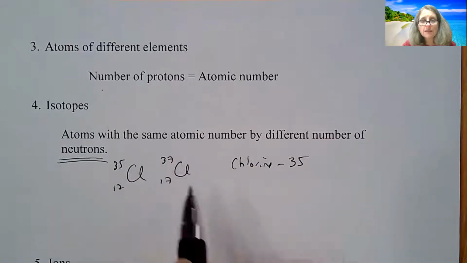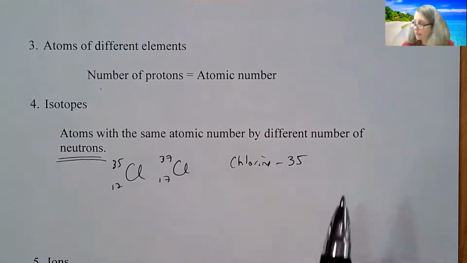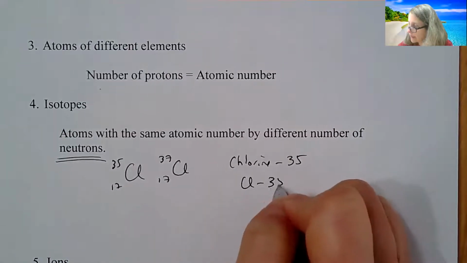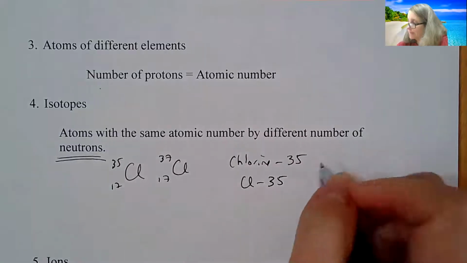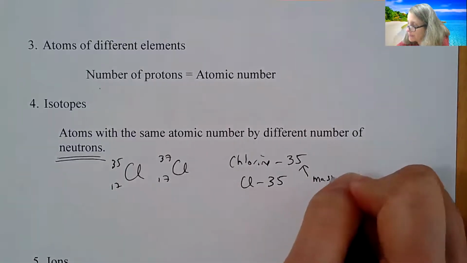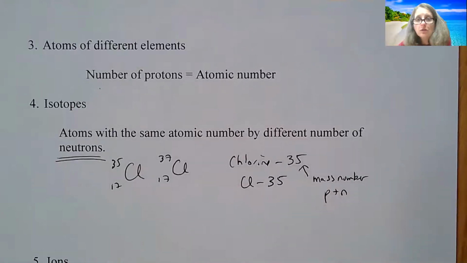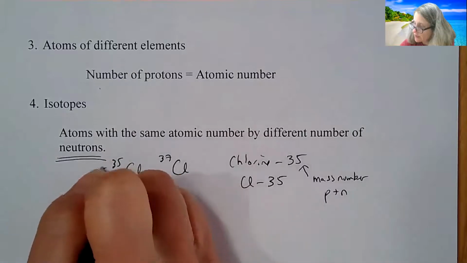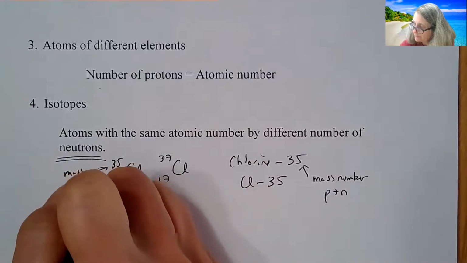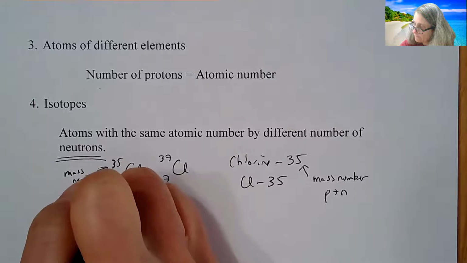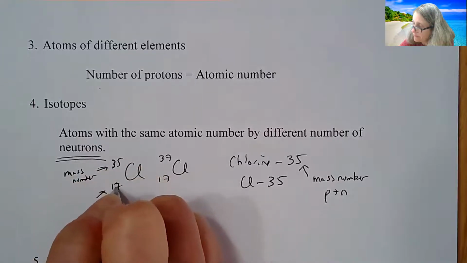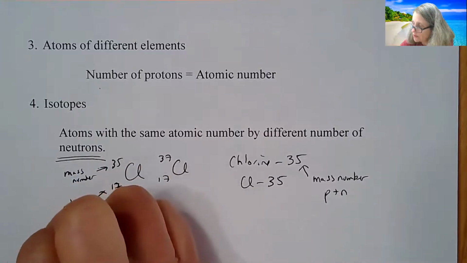Mostly you will see it in this format, but you could also see the element written out and a dash and then a number. This number is called the mass number, and that is the number of protons and neutrons in that particular isotope. So this is your mass number on top, and on the bottom, if you see it sometimes, it is your atomic number.